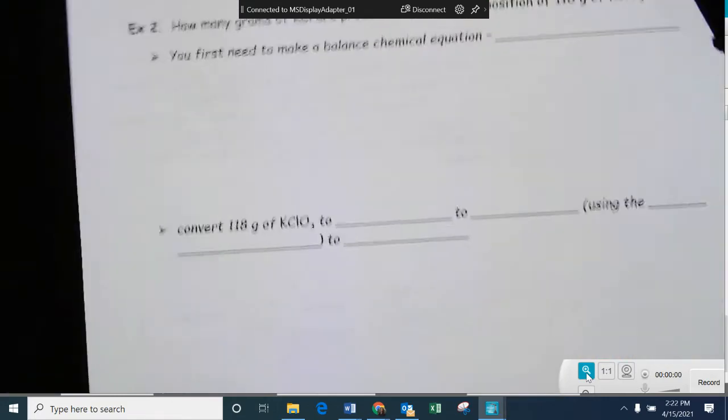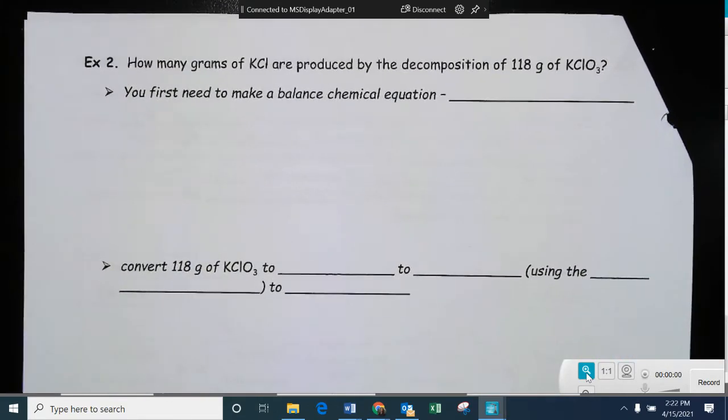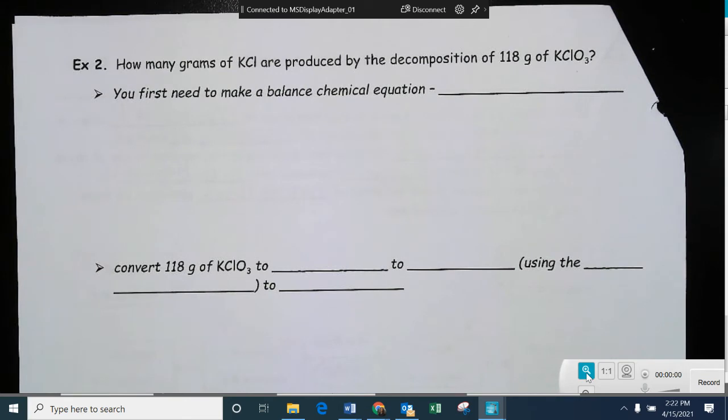Alrighty. Step one of our next one. It's going to be the same as this one. So this one's asking us how many grams of potassium chloride are produced by the decomposition of 118 grams of potassium chlorate.